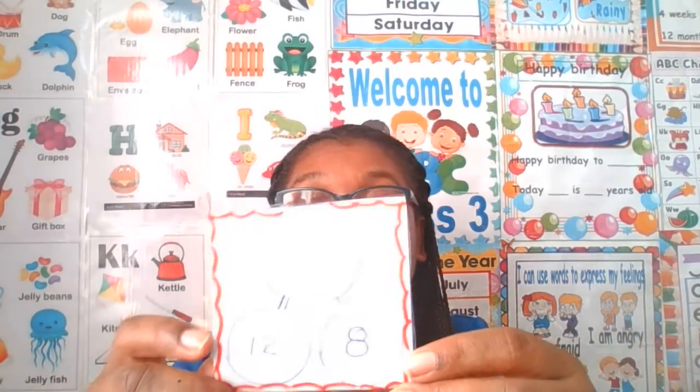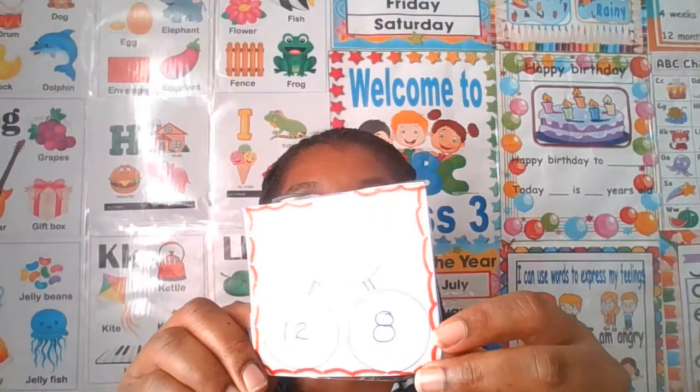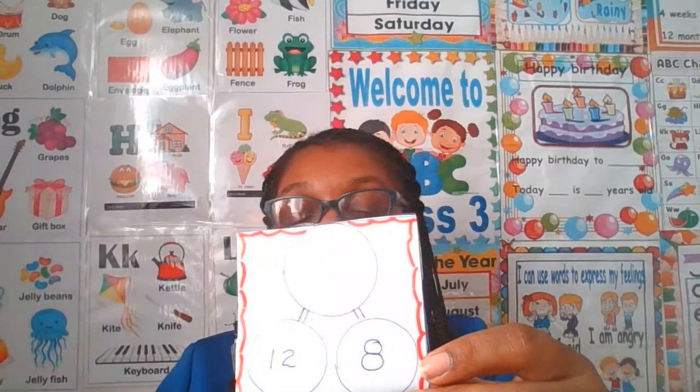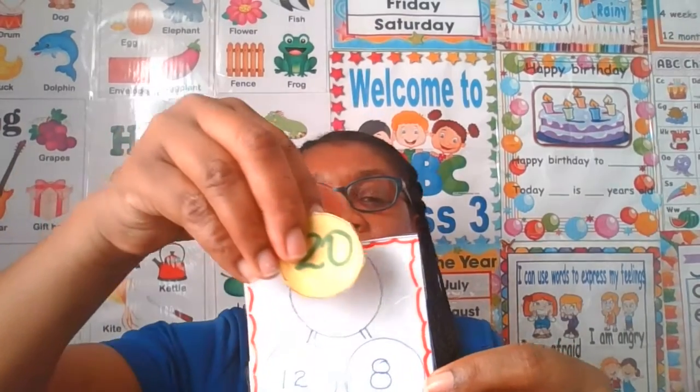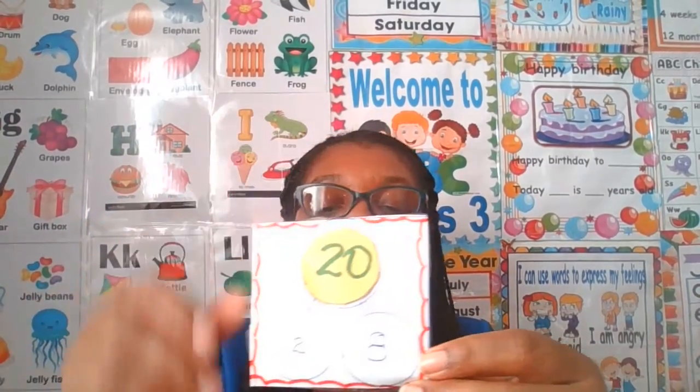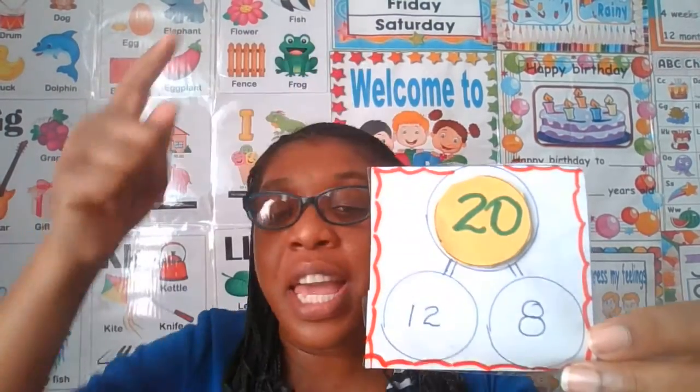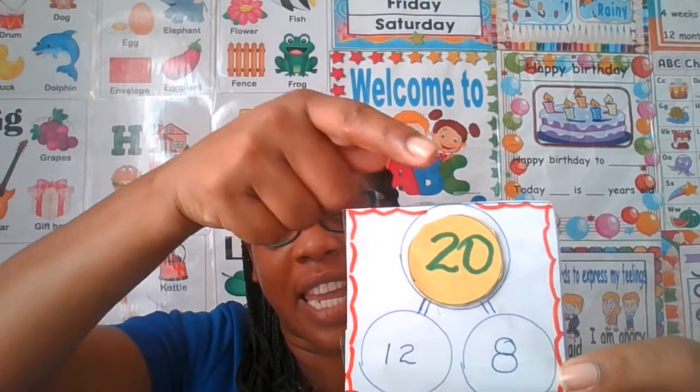So 12 plus 8 is equal to 20. 12 plus 8 is equal to 20. number bonds, number bonds. That make 20. Number bonds, number bonds. That make 20. 12 plus 8 is equal 20. 12 plus 8 equals 20. 12 plus 8 equals 20.